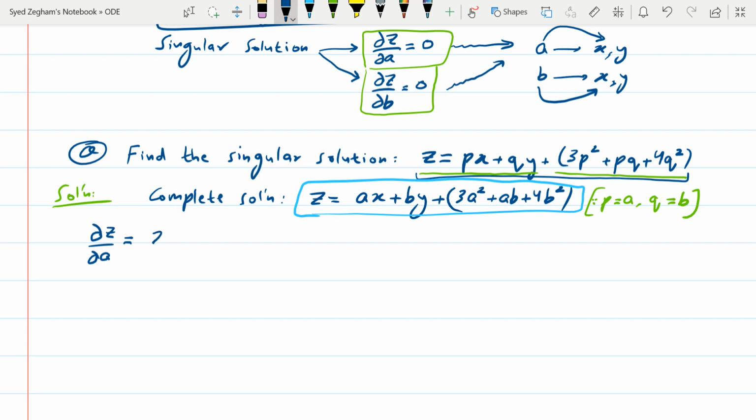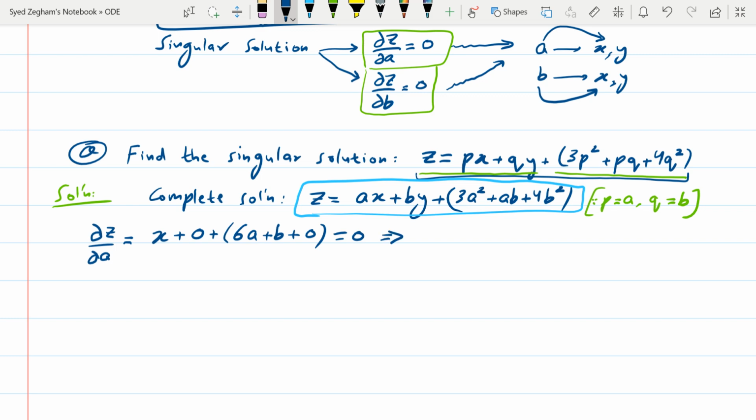I will get x plus 0 plus 6a plus b plus 0. Simple partial differentiation. And this should be equal to 0.